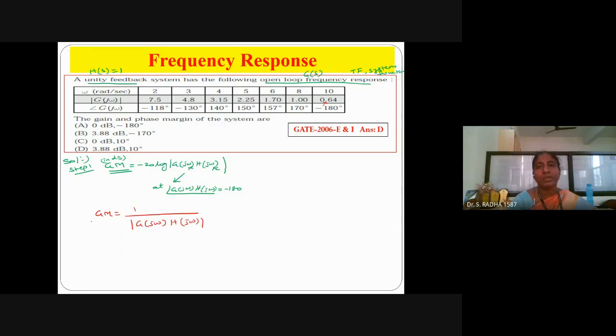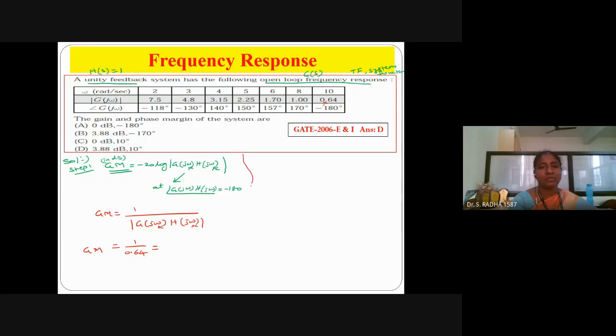Omega pc is at minus 180 degrees, so in the tabular column at minus 180 degrees the magnitude is 0.64. So I can directly take 0.64 as the magnitude at omega pc. Why? Omega pc is nothing but the frequency at angle minus 180. So 1 by 0.64 is the final answer for gain margin.